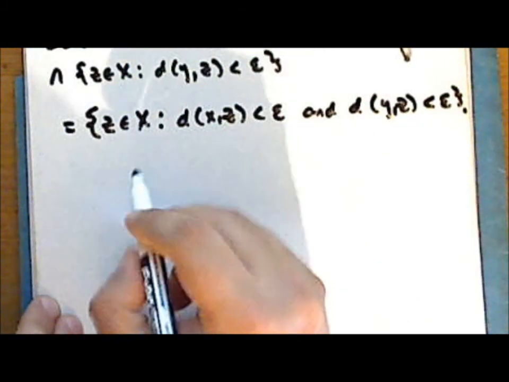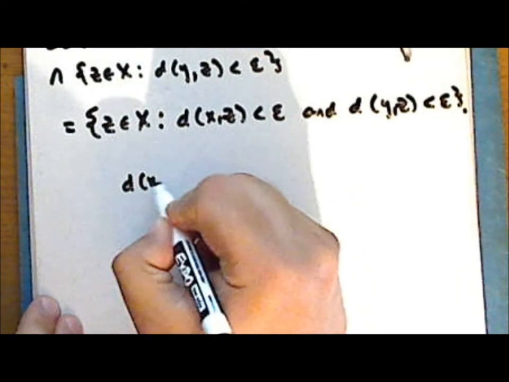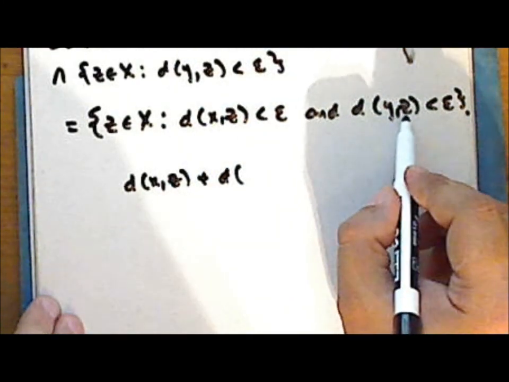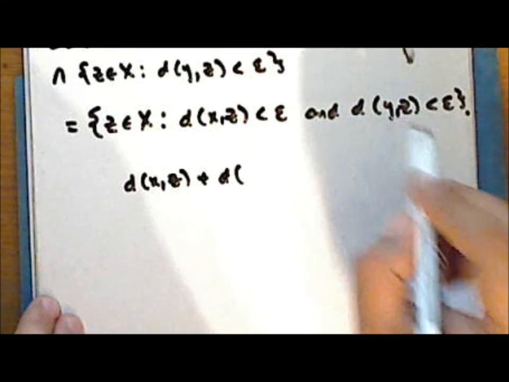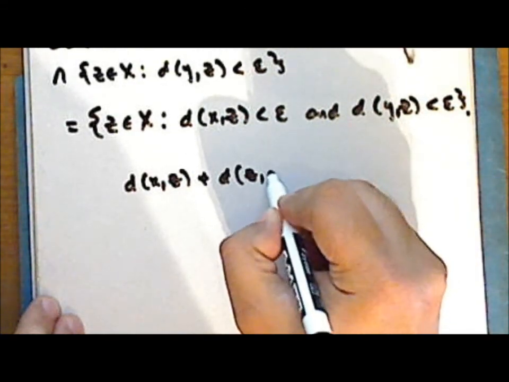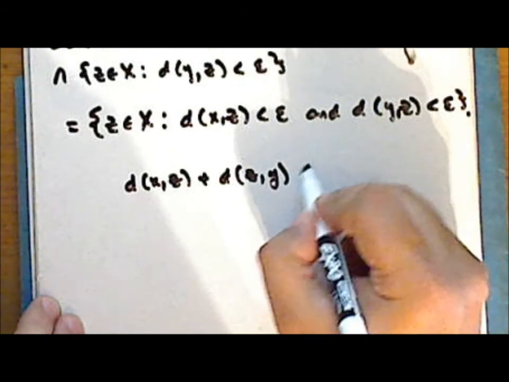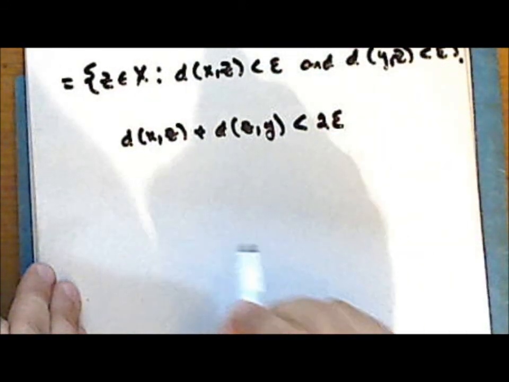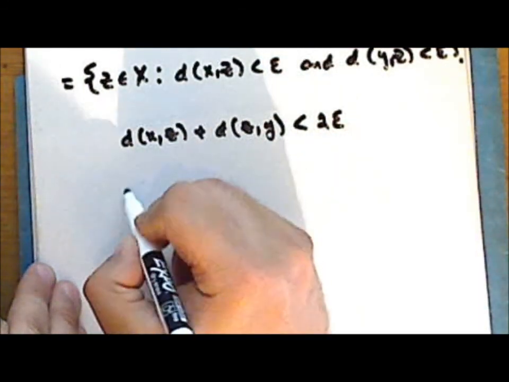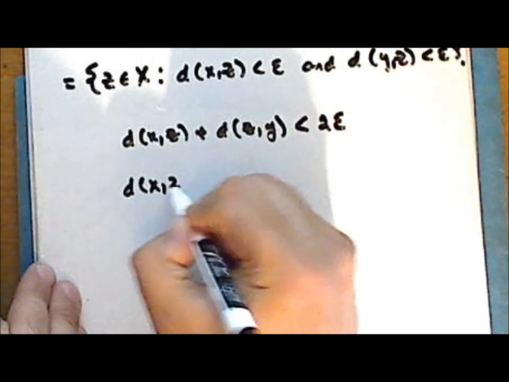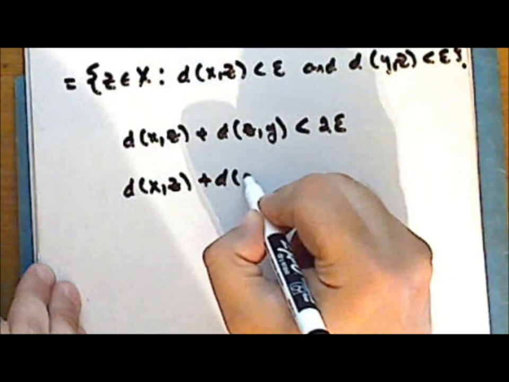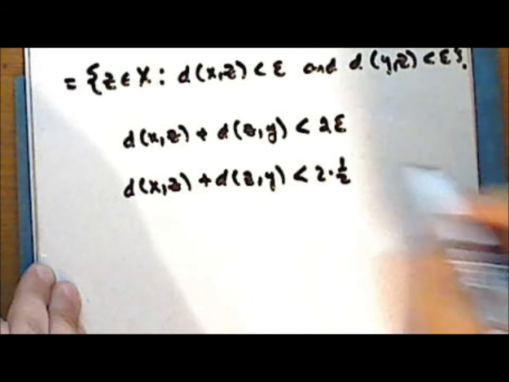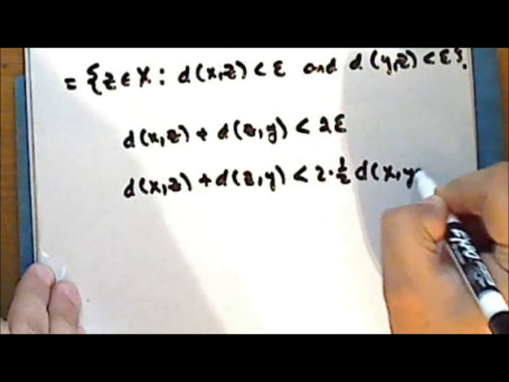And so we have that the distance from x to z plus the distance from y to z, but as the metric d is symmetric, we also have the distance from z to y, is less than twice epsilon. Now we chose epsilon to be half the distance from x to y, and so we have that the distance from x to z plus the distance from z to y is less than twice half of the distance from x to y.